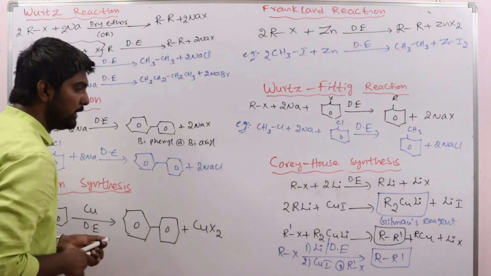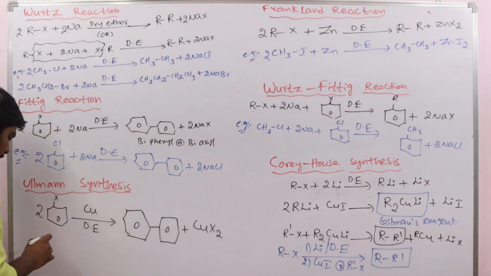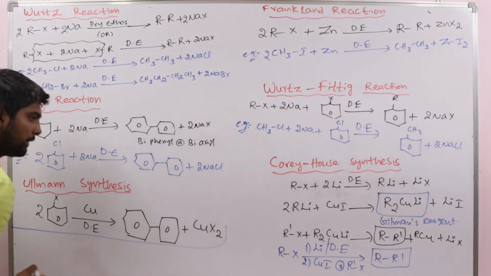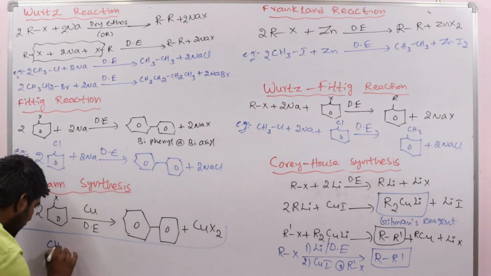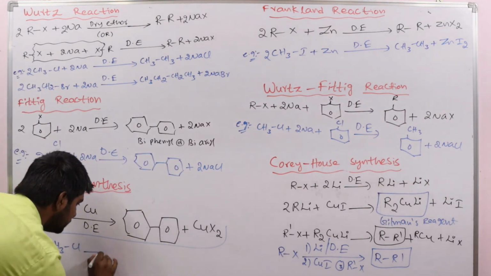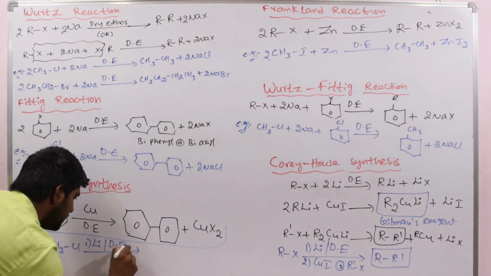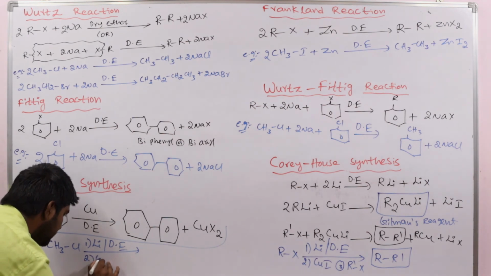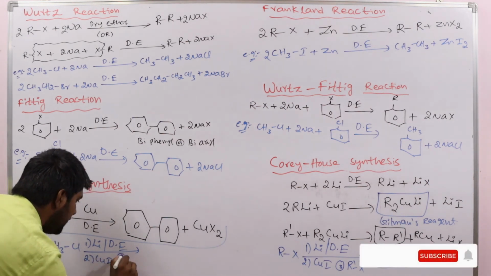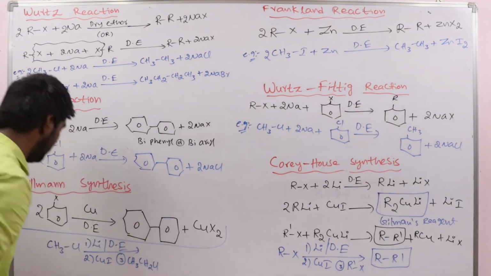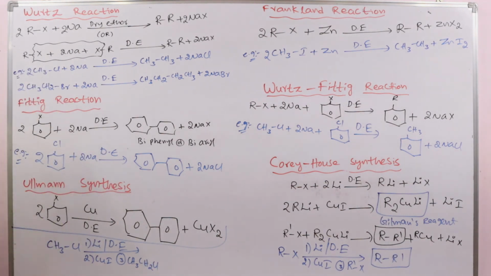Okay, I will write one example for this one here. For example they will give, for this reaction I am writing here, CH3Cl, lithium in dry ether, plus CuI, and here they have given CH3CH2Cl.